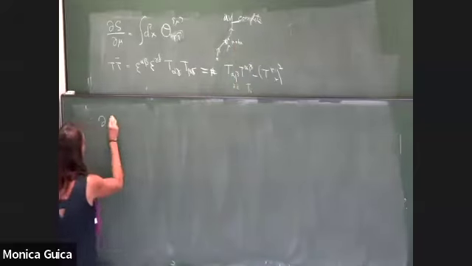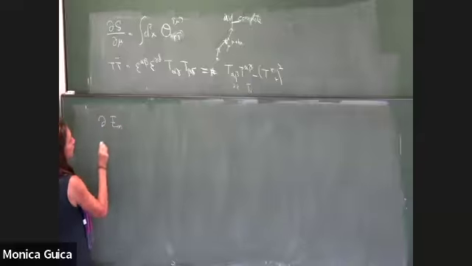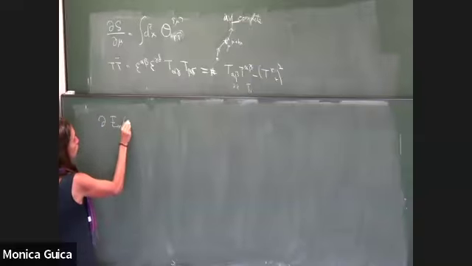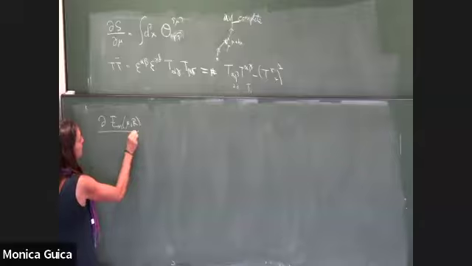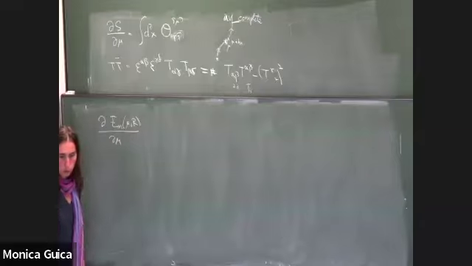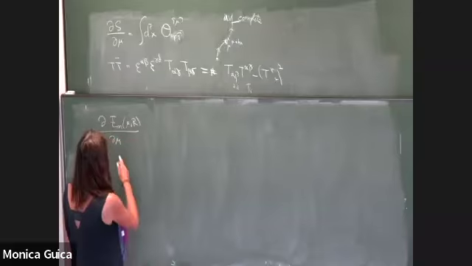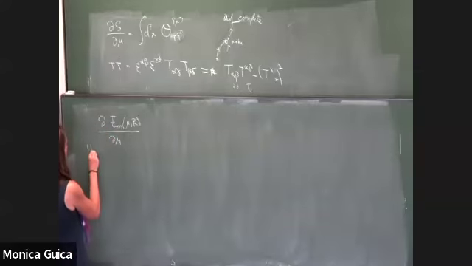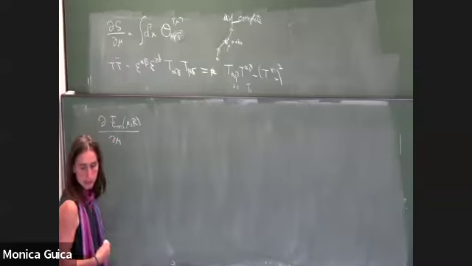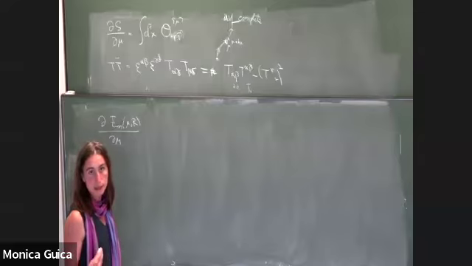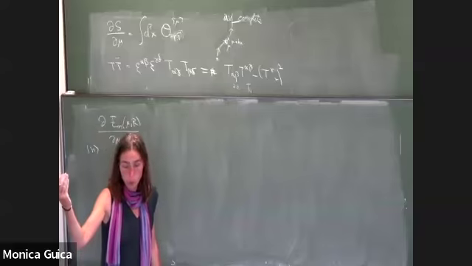So I'm looking at some energy level, which I'm going to call n, which depends on mu. I'm at finite size R, and I want to compute d by d mu of this energy. And I'm calling the energy eigenstate n. It's the instantaneous energy eigenstate in the theory at coupling mu.